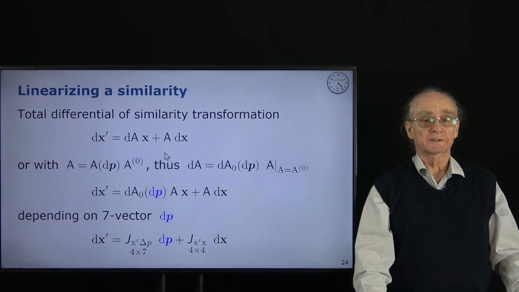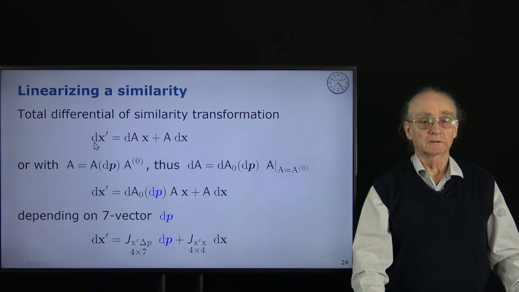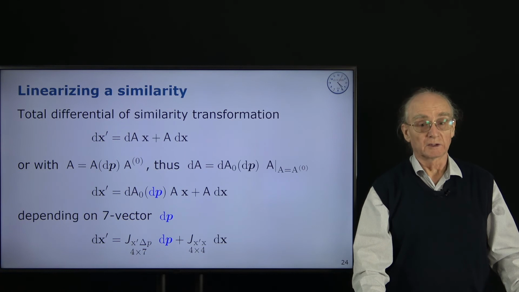We of course start with the total differential of the similarity transformation, which is nothing else than dx prime is the differential of A multiplied with x plus A multiplied with the differential of x. So this in the first instance is simple. The problem is that the dA depends on 7 parameters. So it's a 4 by 4 matrix which depends on 7 parameters. And we don't know the covariance matrix of the 4 by 4 elements, but only the covariance matrix of the 7 elements.